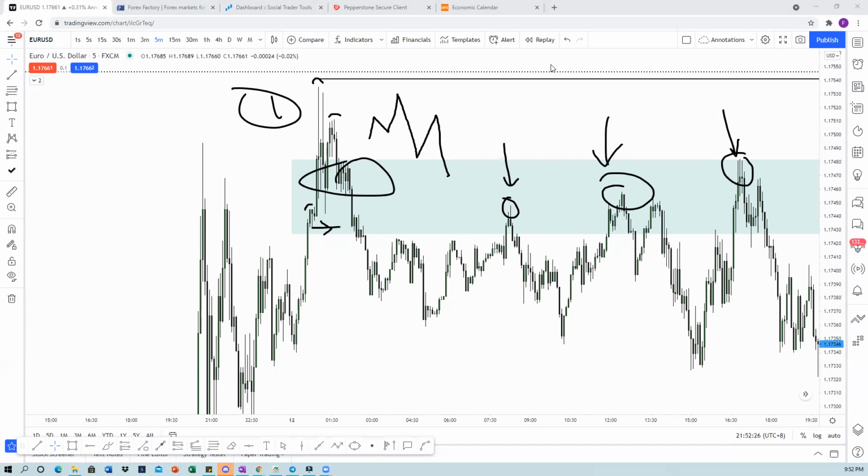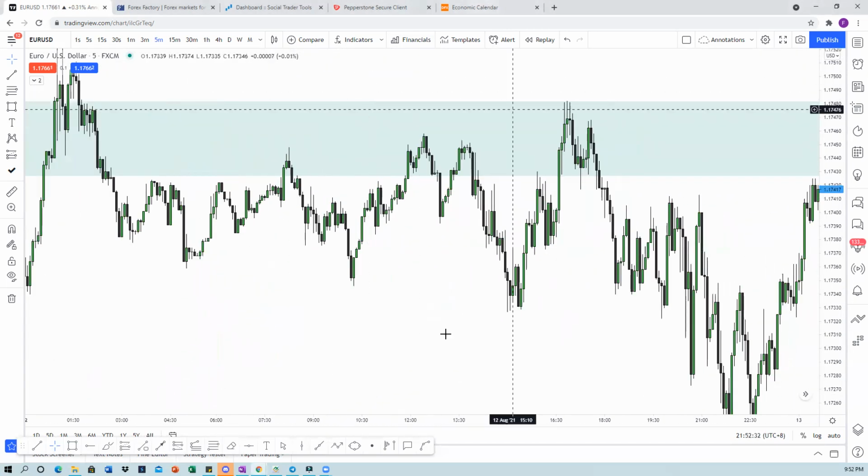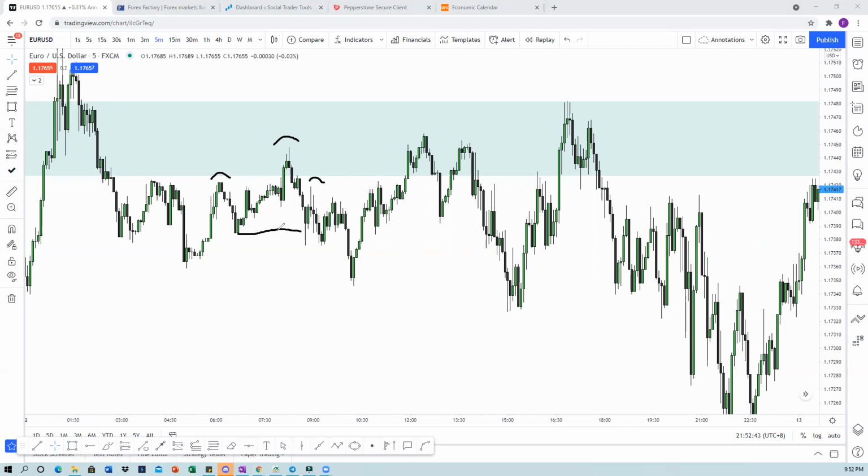But if you look at this here, you had 1, 2, 3. Price comes up near the third point and sells off. You have a sell there, right?